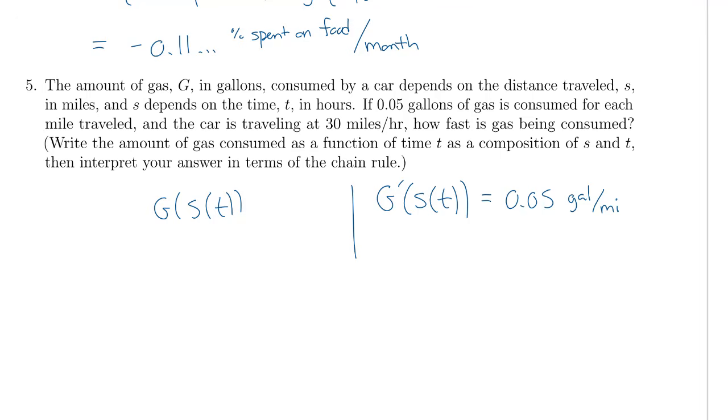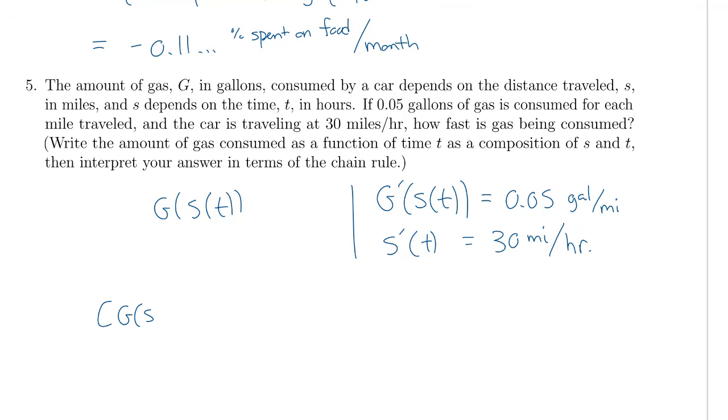So that means s prime of t is precisely 30 miles per hour. We want to know how fast gas is being consumed, so this would be gallons per hour, which would be precisely the derivative of g of s of t.